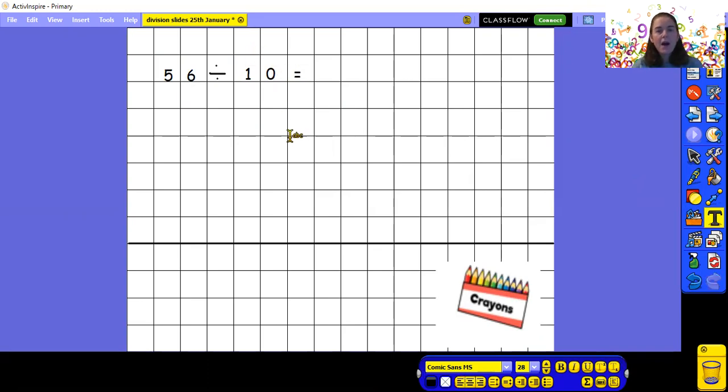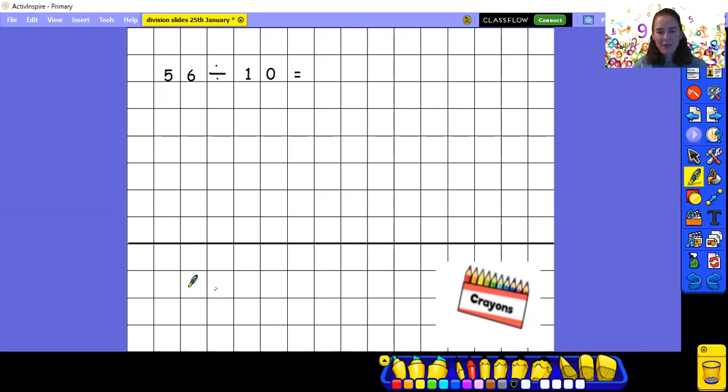Okay, so I'm going to choose to do a number line to try and solve this problem. So I'm going to see how many 10s go into 56. So call out to the screen. What number do I need to start on my number line? Call it out. If you said 0, well done. Yes, we need to start on 0. What are we counting in?